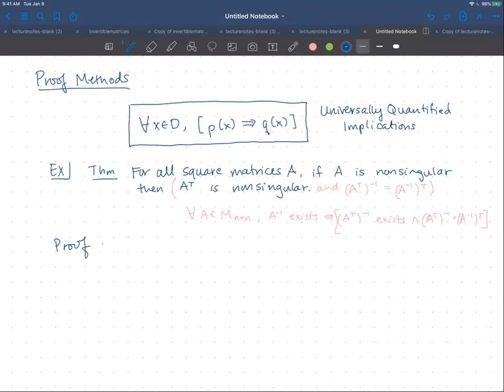So, some proof ideas. We start with a universally quantified statement with an arbitrary element in the domain of discourse.